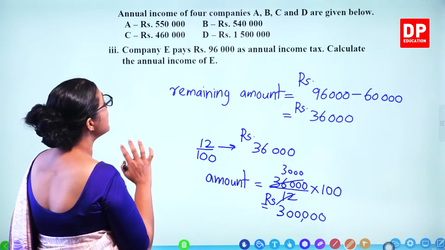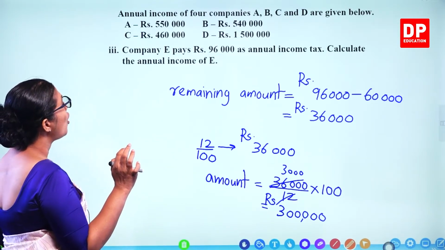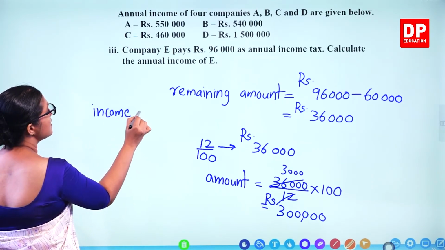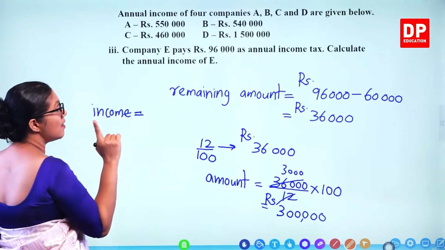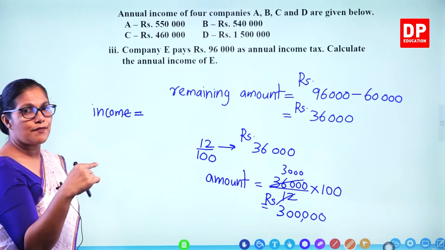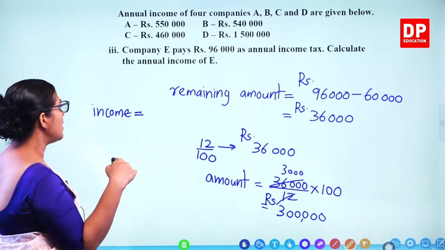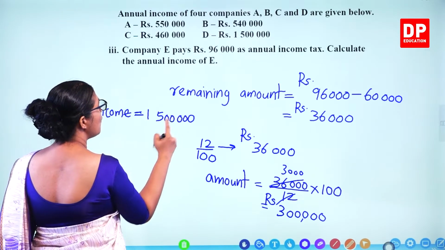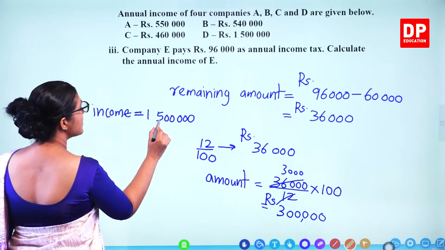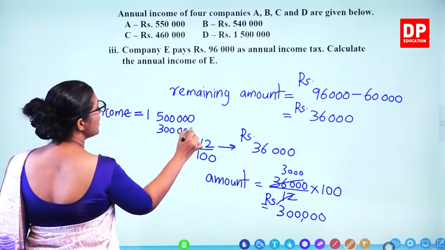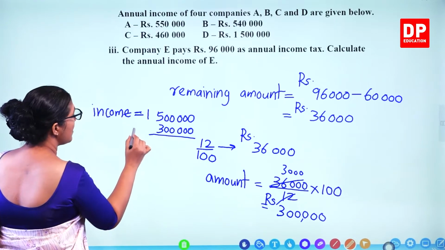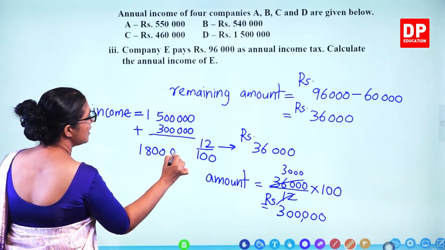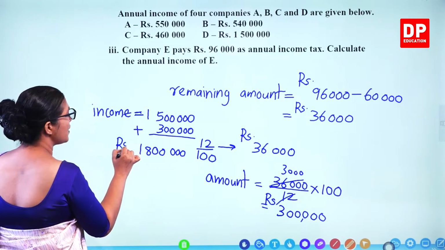So what is the income of E? Income is first 500,000, second 500,000, third 500,000. Altogether 1,500,000 rupees. We did that before. And for this part, that's 300,000 rupees. Altogether 1,800,000 rupees.